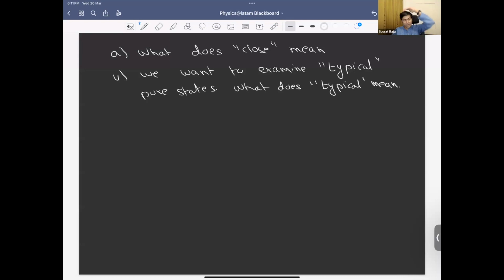Regardless of what this has to say about the information paradox, what I'm about to say is a pretty useful exercise in statistical mechanics that all of you should be aware of, because it's something that appears a lot when we study quantum information in the context of black holes. Okay. So let me answer the first question, which is about the meaning of close.